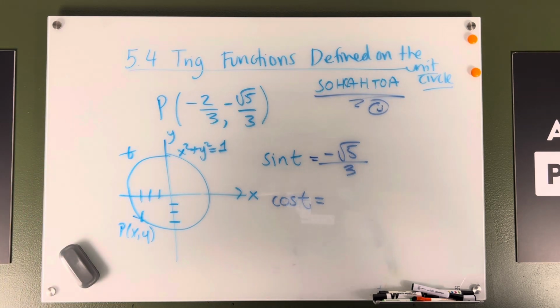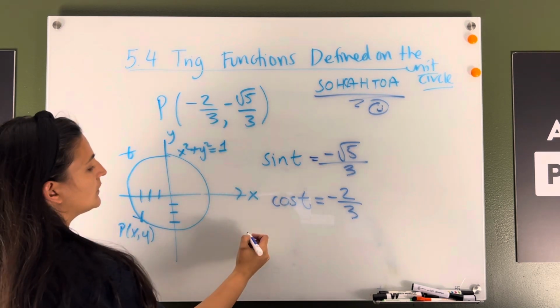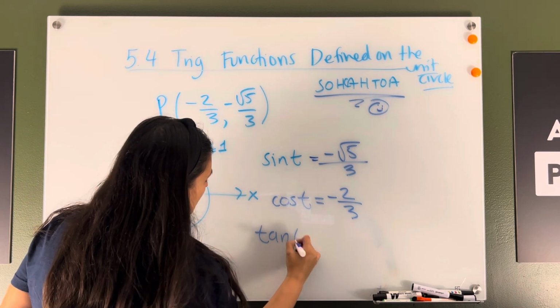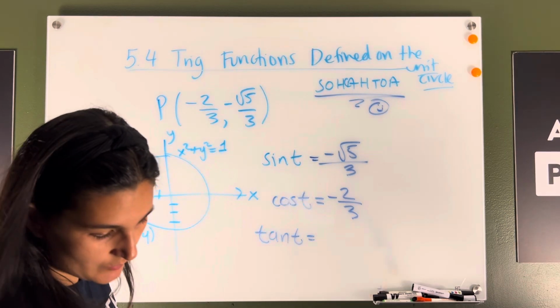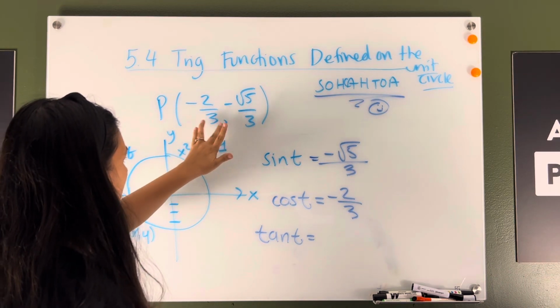Cosine of t, what is the x value of this point? -2/3. It's given to us. What is the tangent of this real number t? That would be sine over cosine, or y over x.